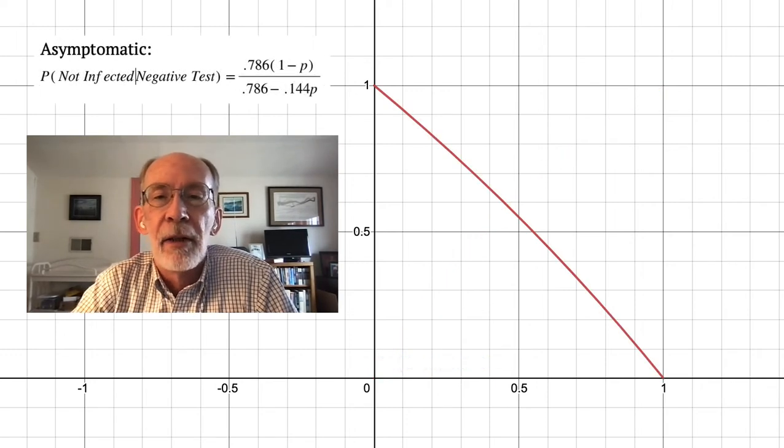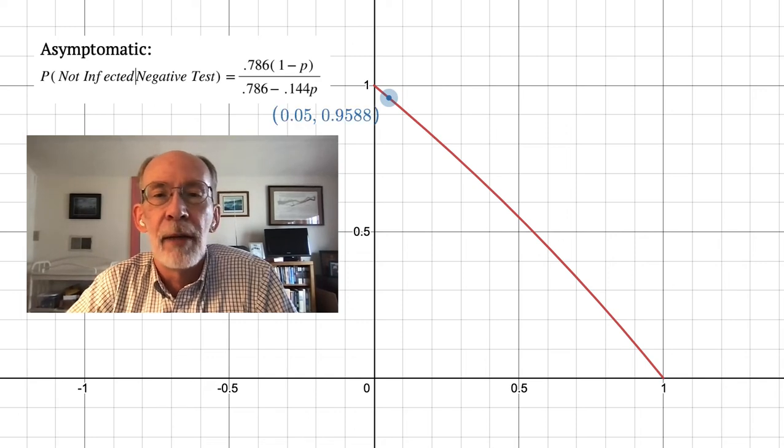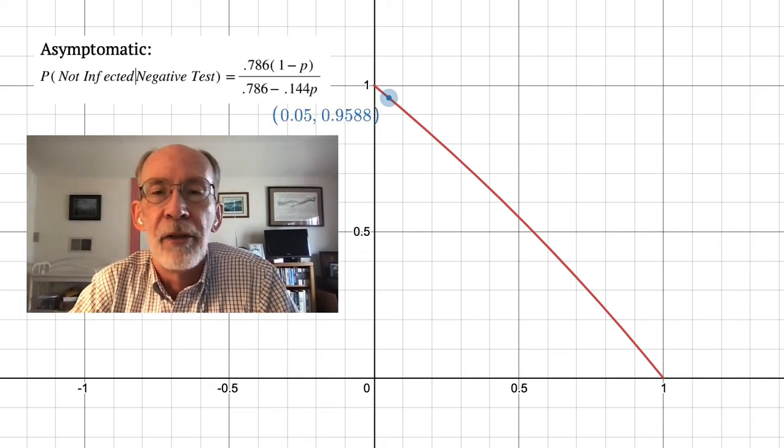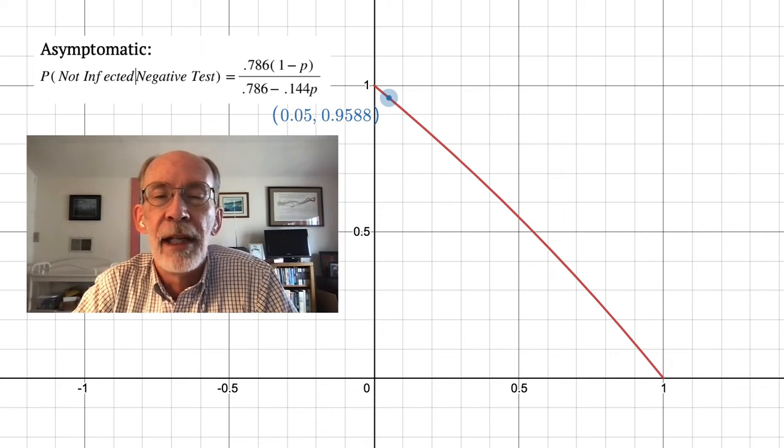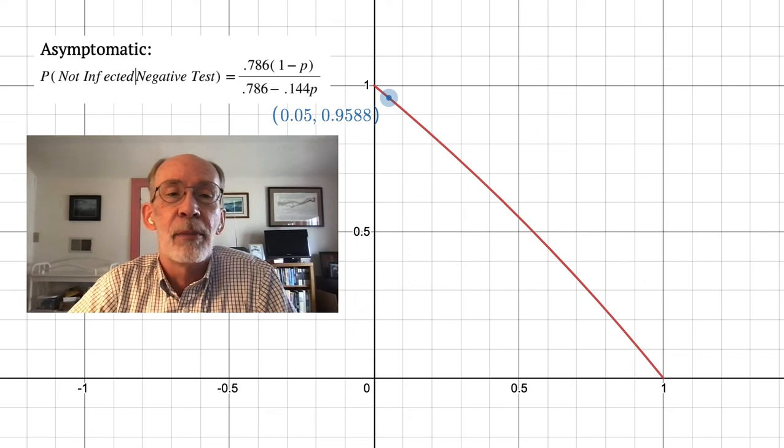Here is the other conditional probability, the probability that you are not infected, given that you tested negative, as a function of the unconditional probability that somebody in the population would have COVID. And you may recall from near the beginning of the video that under the assumption that it was 5% in the population, the probability that you are not infected, given that you tested negative, is about 96%.